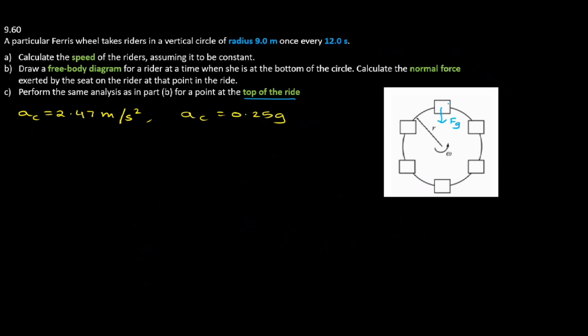Then we have the normal force perpendicular to the surface, N. The difference here at the top is my centripetal force, Fc, is acting towards the center of the circle. So the direction of centripetal force Fc is downward.